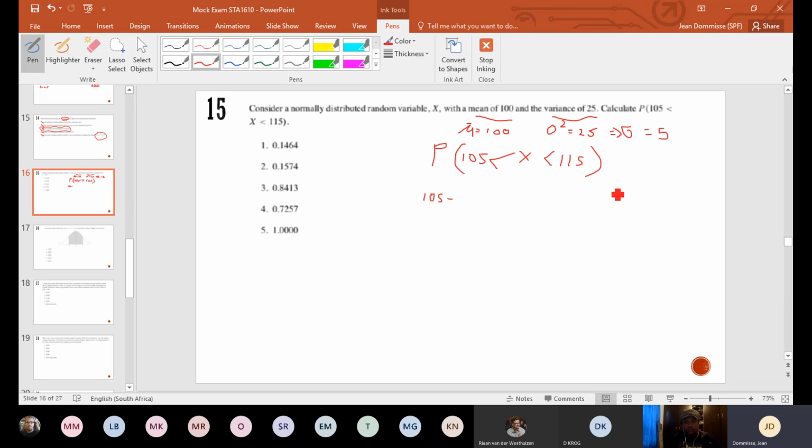Let me just write, so we will need to work out that. So I don't need to go back to the previous one every time. So 105 minus 100 divided by 5.